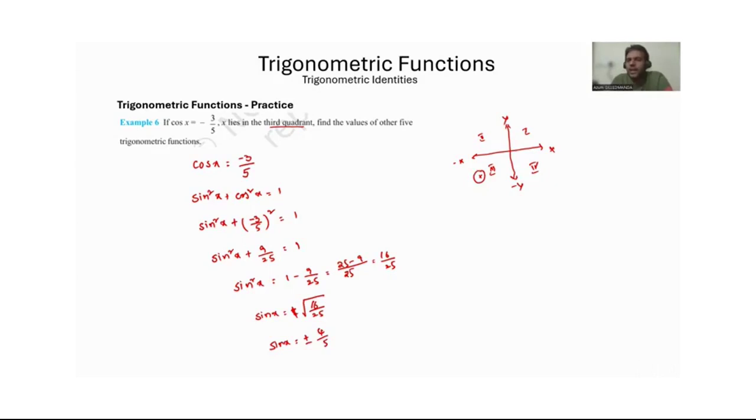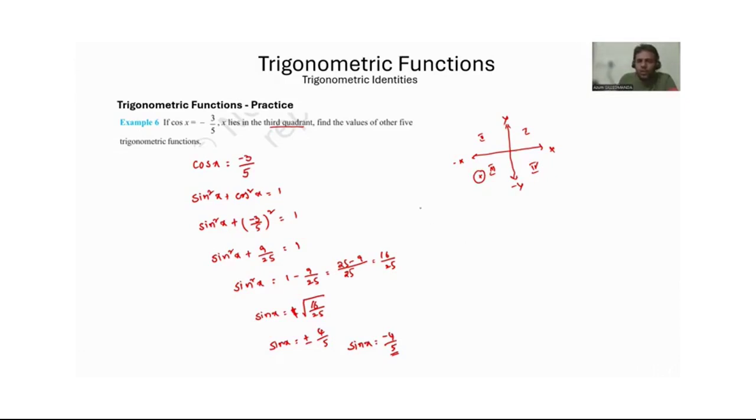Sine has both positive values and negative values. Then in the third quadrant, what should be the sine value? Sine value is negative. So if it is the third quadrant, then I should say sine x equal to minus 4 by 5, because the y value is negative here. So sine x is minus 4 by 5.